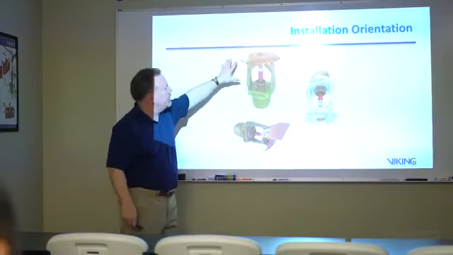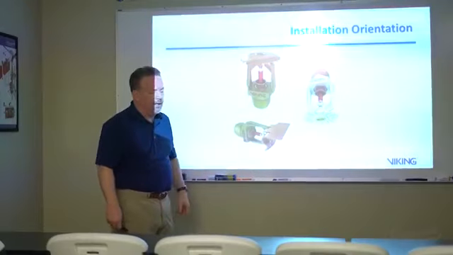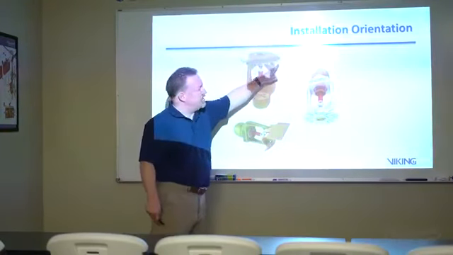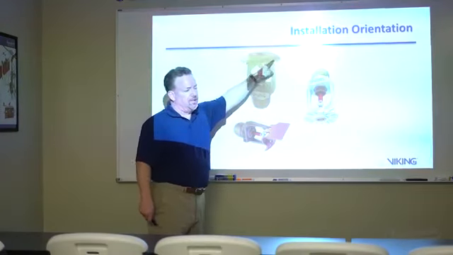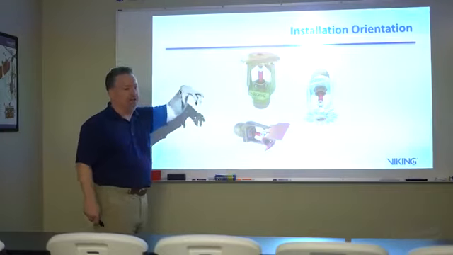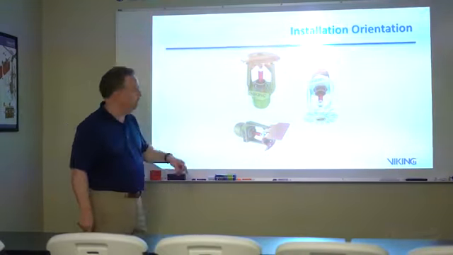This is the characteristic of an upright sprinkler. Look for the fins pointed down. Look for a larger, probably more solid looking deflector, so it's collecting all that water.